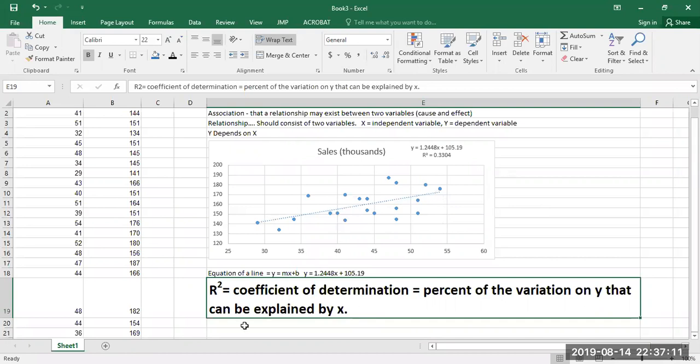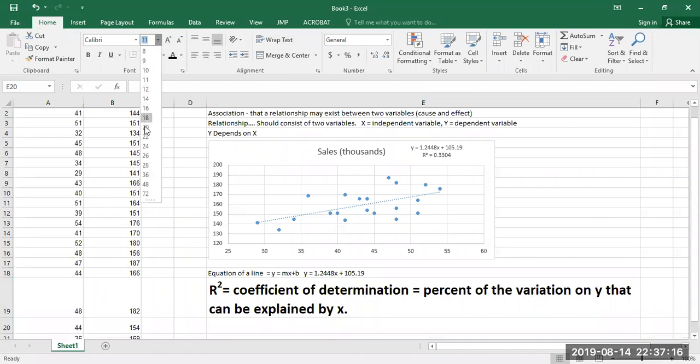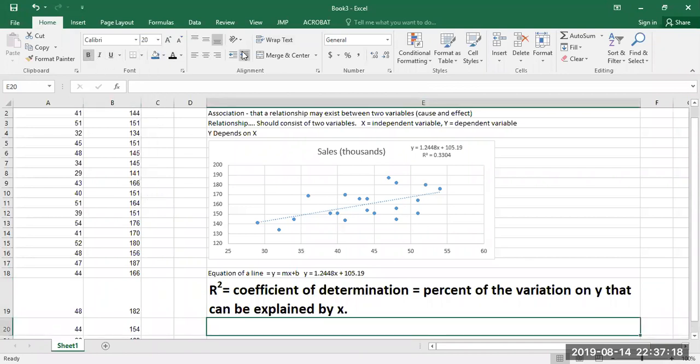Okay. The second variable that goes with the coefficient of determination, which is as important and related to it, is the R variable. So how do we get from R squared to R? Well, they're directly related. It's the same variable. To get from R squared to R, we take the square root of R squared.